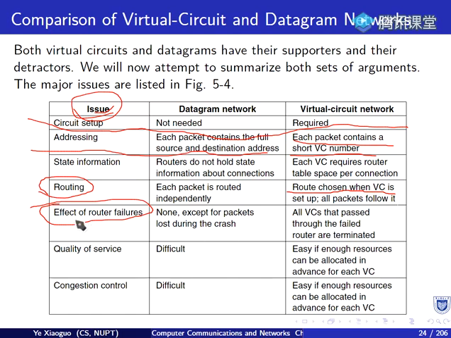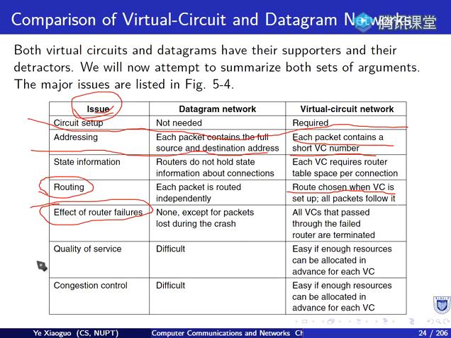So the effect of router failures is serious for a virtual circuit network, but not serious for a datagram network, because the datagram network can change the routing for the later packets.